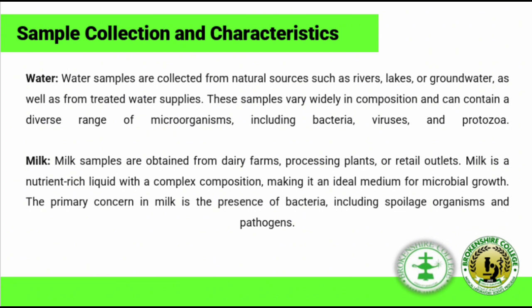Milk samples are obtained from dairy farms, processing plants, or retail outlets. Milk is a nutrient-rich liquid with a complex composition, making it an ideal medium for microbial growth. The primary concern in milk is the presence of bacteria, including spoilage organisms and pathogens.